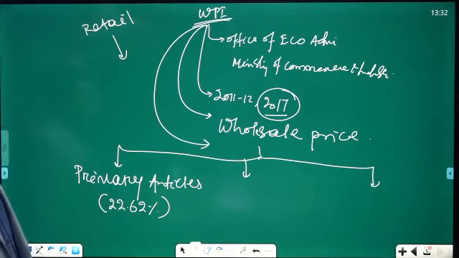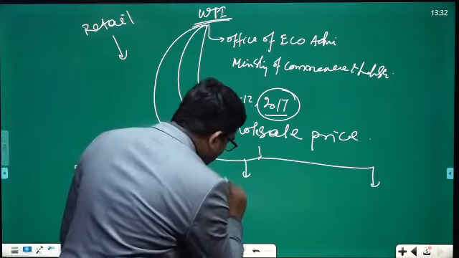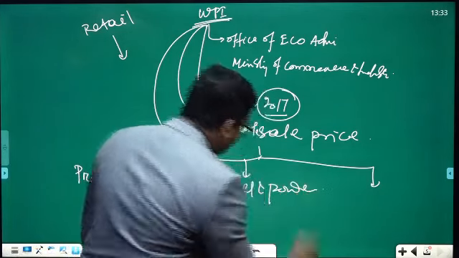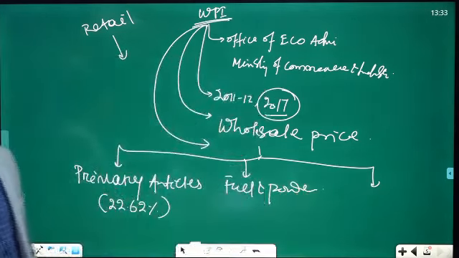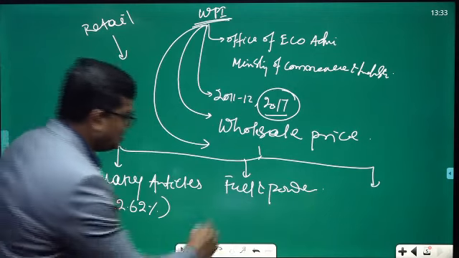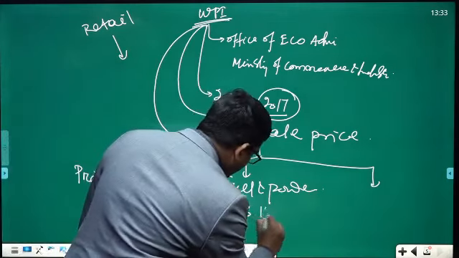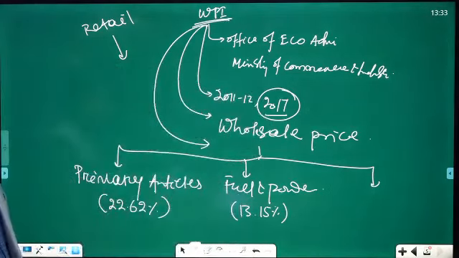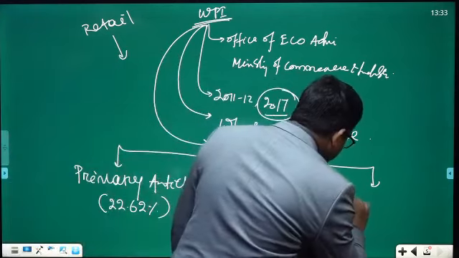The second category is fuel and power, and the weightage given to this is 13.15%. The third category is manufactured products.